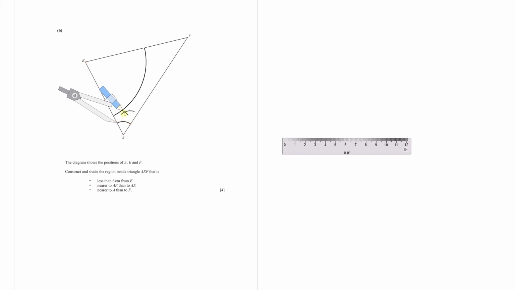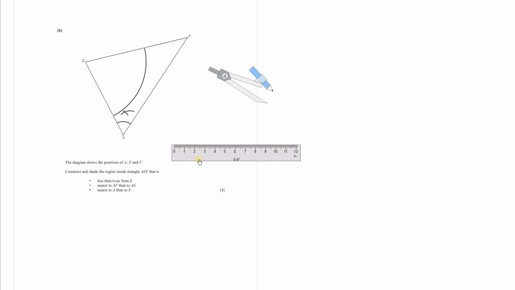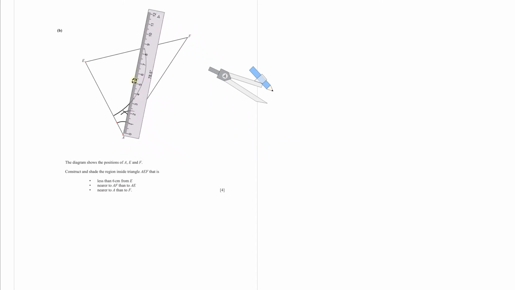Now, if I join this point, which is made by these two arcs, with this point A, I will get the angle bisector of this angle FAE. So let's do that. I'll use my ruler here, align it with this point here. And remember, since we only have to draw inside the triangle, I'll start with point A and go up till the line EF on the top.